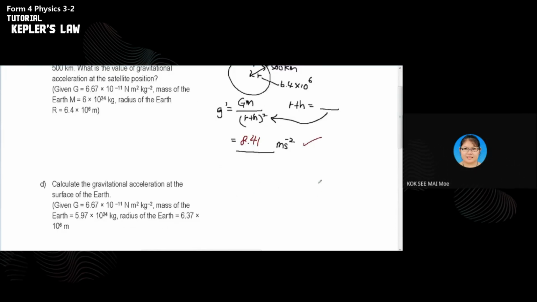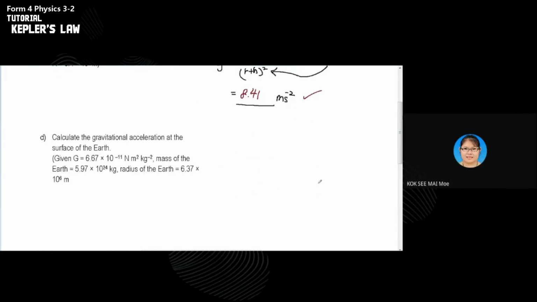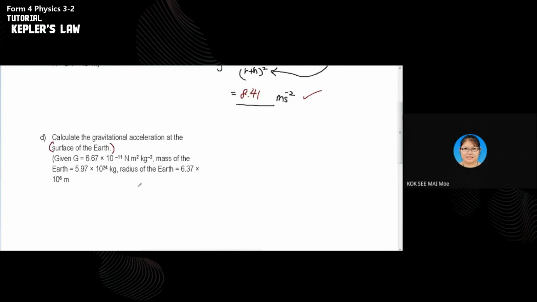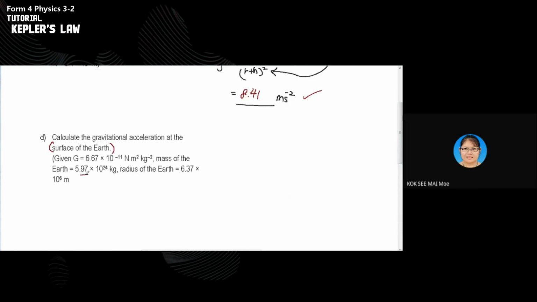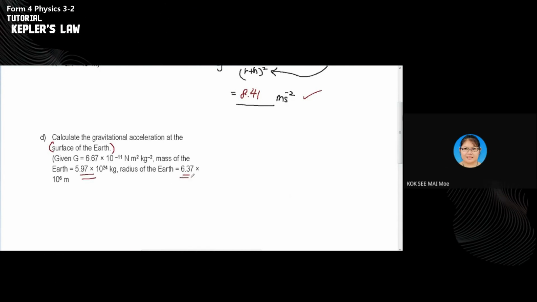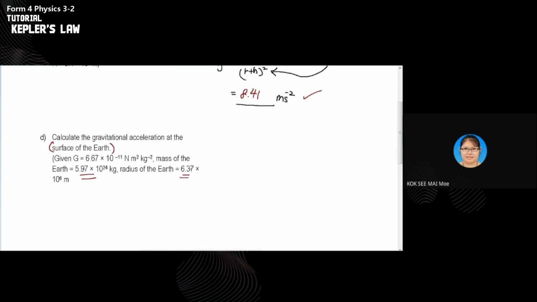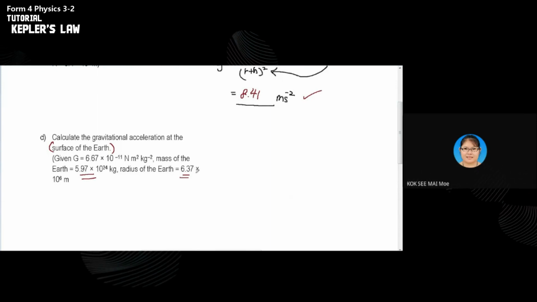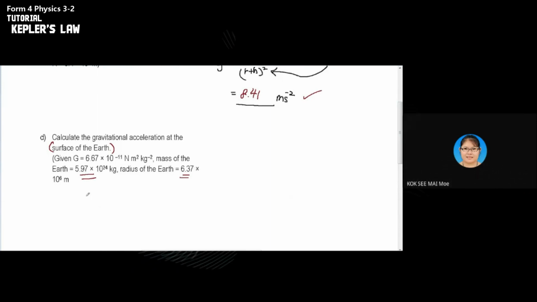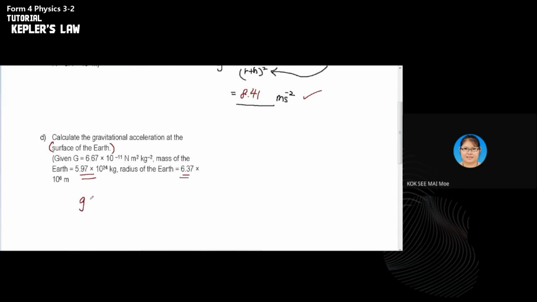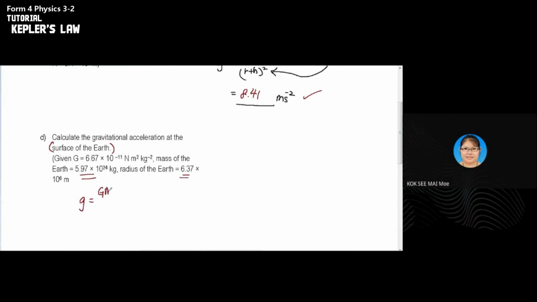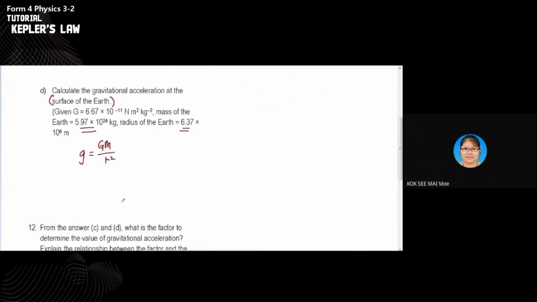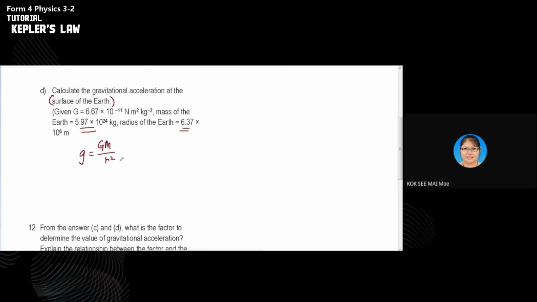Okay, now we continue with D. D is also the same thing. They just say surface. So at the surface, we use all the things they provided. Just now the Earth radius was different, 6.4; we follow the question. If you're using 6.37, then we use 6.37. So now gravitational acceleration on the surface is still GM over r squared. Now your r is straightforward: you take the total radius of the Earth, no need to plus h.